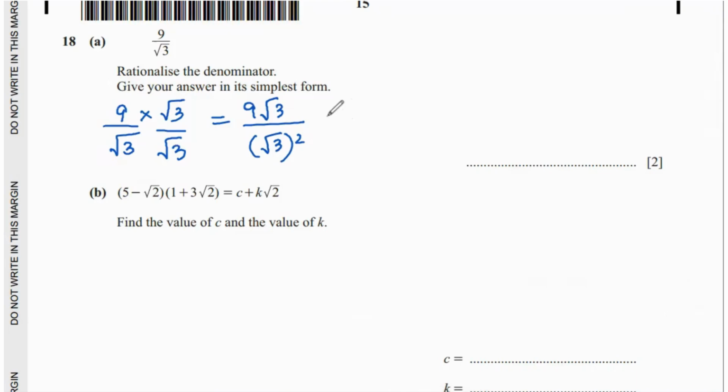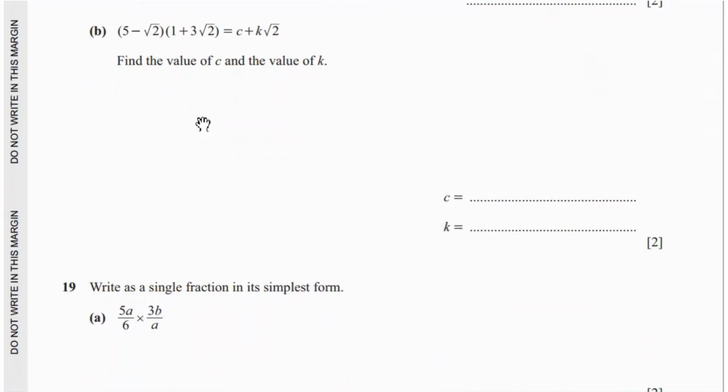So whenever you're squaring a surd, the powers get cancelled out and we're just left with the number inside the root. So it becomes 3. And 9 divided by 3 is 3. So the answer is 3 root 3. Now if we compare this with the original one, in the original one, the surd was in the denominator. And now it's in the numerator, which means we rationalized it. The surd was gone from the denominator and now it's in the numerator.